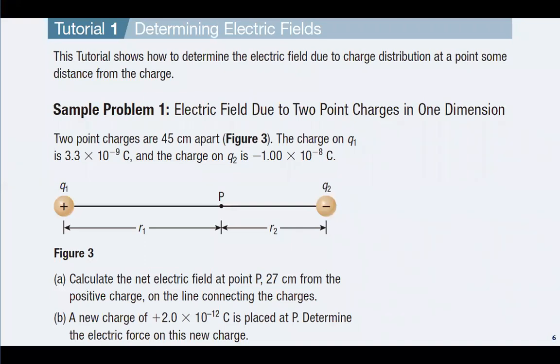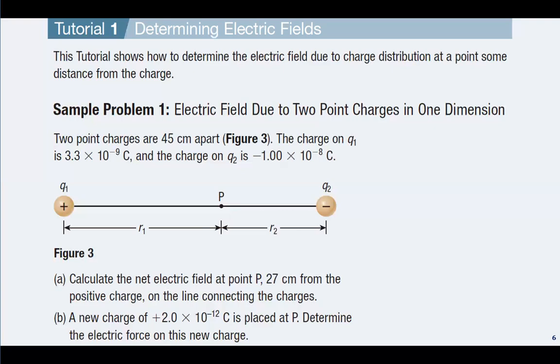How we can calculate the electric field due to two point charges in one dimension. Here in this example, we have two point charges which are 45 centimeters apart, shown in figure 3. The charge on Q1 is 3.3 times 10 to the power of -9 coulombs, and the charge on Q2 is -1.00 times 10 to the power of -8 coulombs. There are two questions you need to answer.